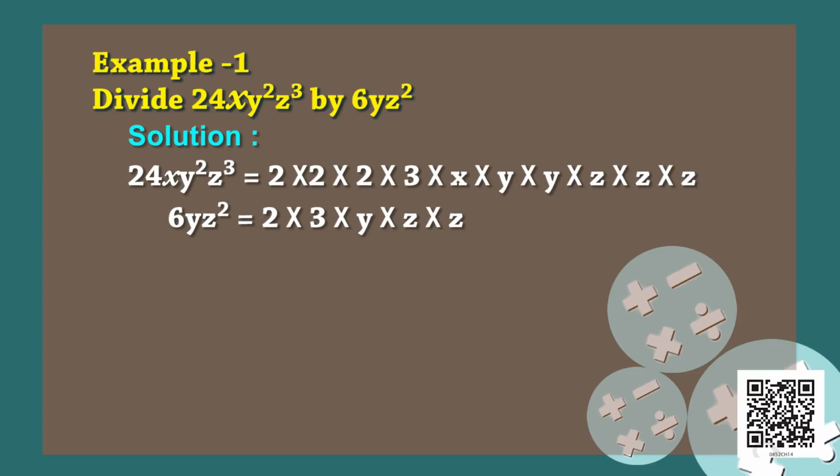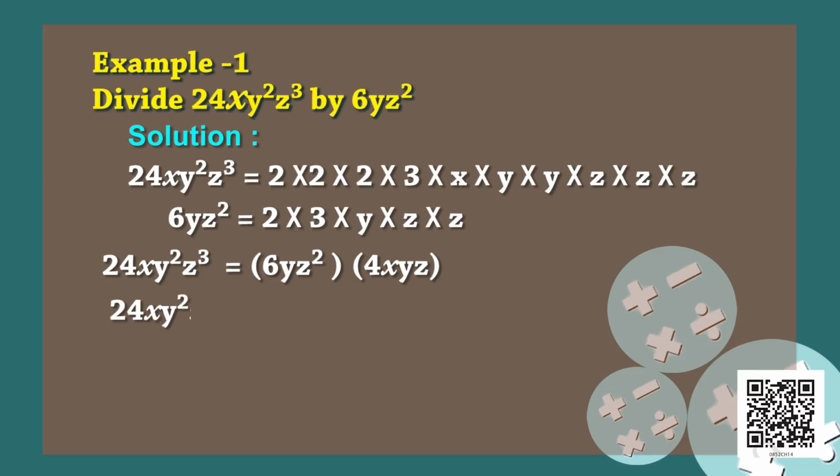Now, we group the factors of the first term into a separate 6yz square, that is, 24xy square z cube is equal to 6yz square into 4xyz. Therefore, 24xy square z cube divided by 6yz square is equal to 4xyz.